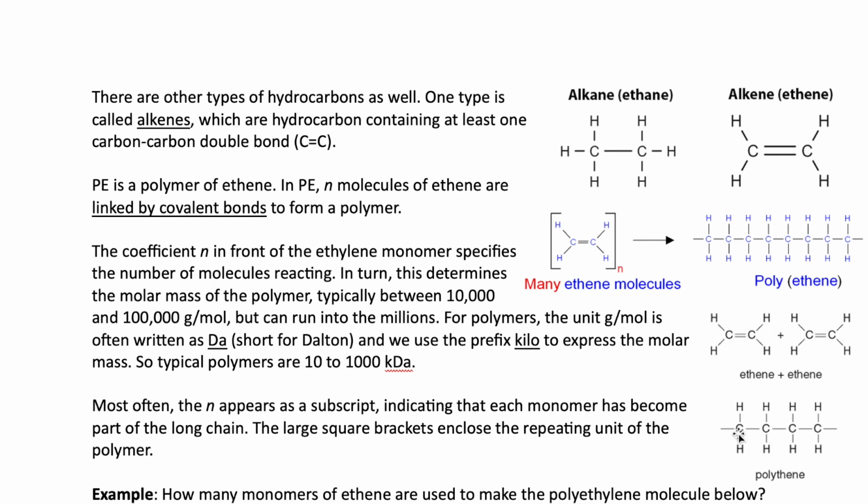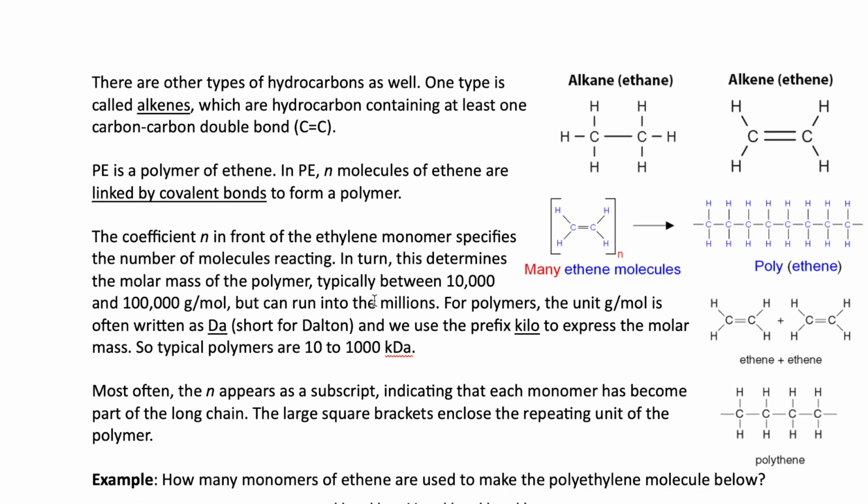A lot of times, instead of writing a bunch of these together, we would just write it with brackets with an n next to it. That tells you how many ethylene units, or ethylene molecules, originally existed to make this new polymer. So for example, in that one, we can write it as this with a 2 next to it. That will tell you that it has 2 monomers.